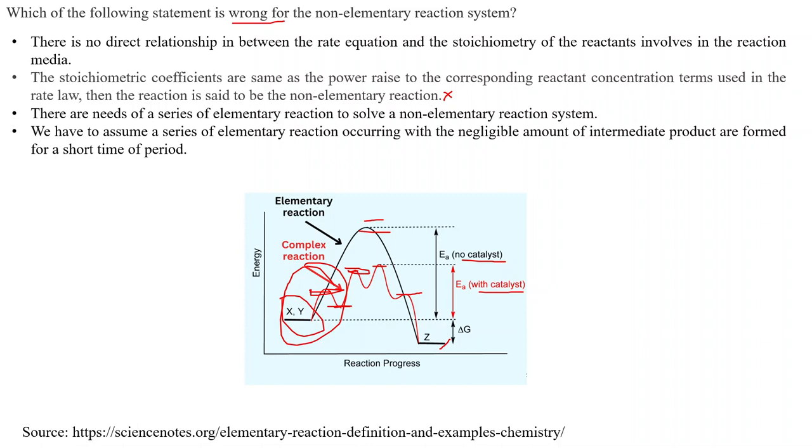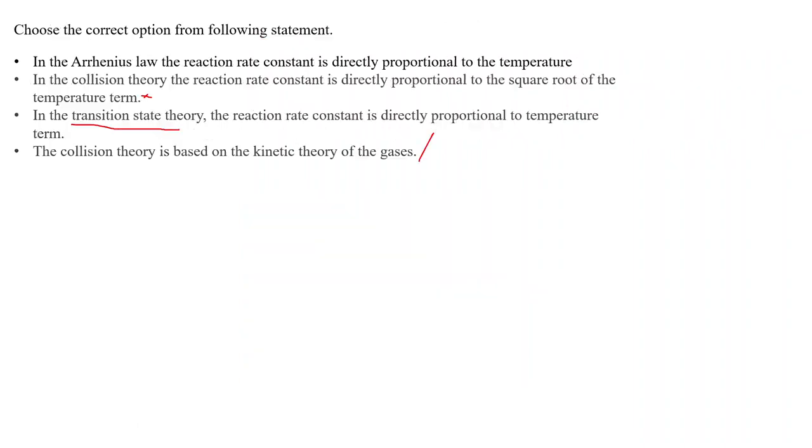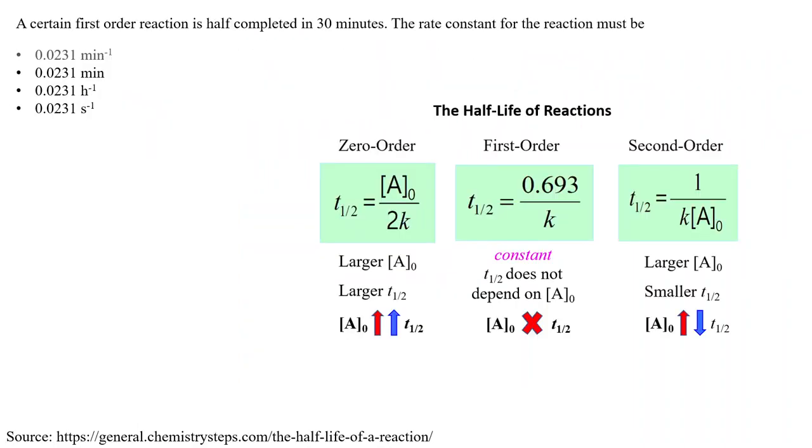As you are saying, the significance is that whenever the reactant is present in abundance, you can say it's zero order. You can see this in the half-life relation also: when a larger A naught is present, your T half is again larger. That is the exact reason I gave you the example of photosynthesis.